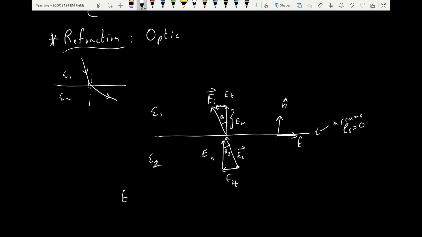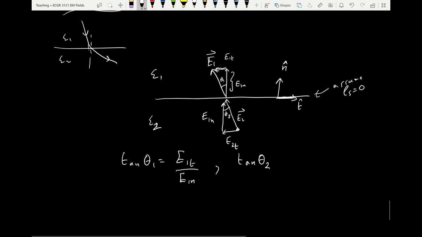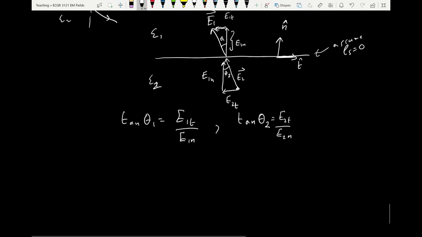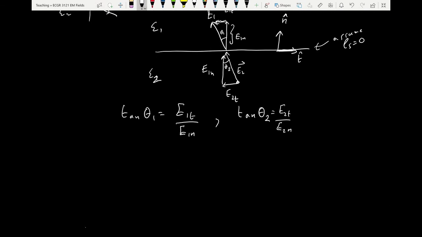So what's tan theta 1? Tan theta 1 is clearly E1t over E1n. What's tan theta 2? Tan theta 2 is E2t over E2n. And then let me divide the two together.